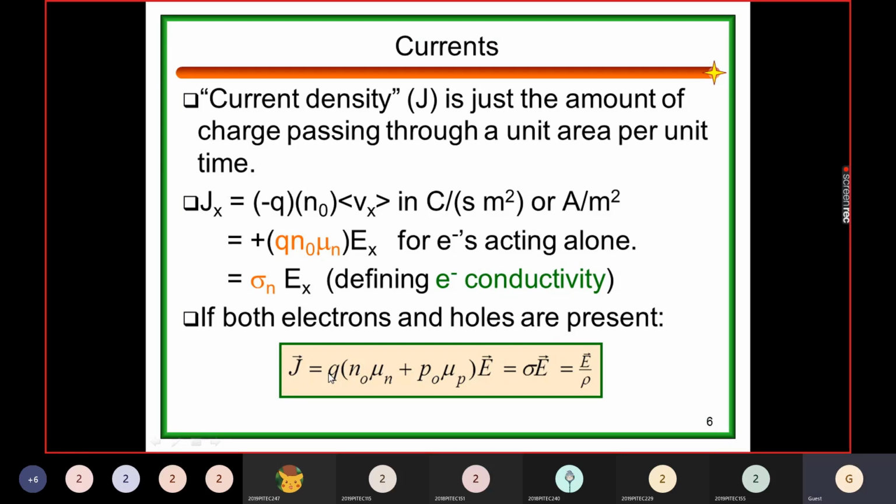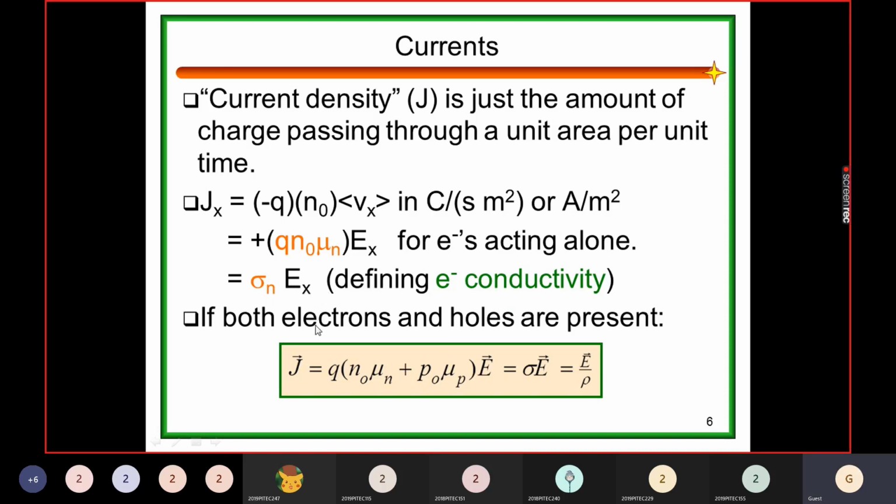The unit for Jx with respect to a particular area is ampere per meter square, and in this case we can define the current density using the conductivity also, and it can be represented by the formula sigma n into the applied electric field Ex.